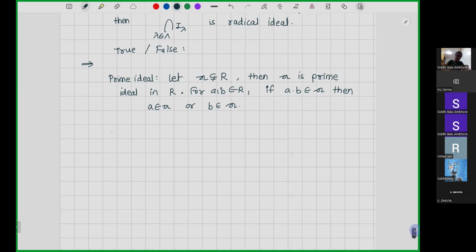That is the definition of a prime ideal. And what is the radical of an ideal?